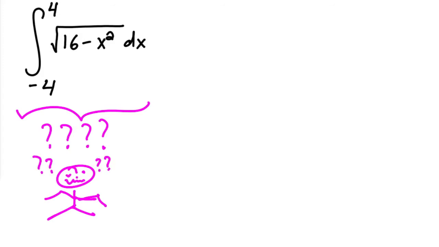Well, you might not recognize it quite yet, but let me rewrite this and see if you recognize it after a little bit. Let's say I write this function as y equals the square root of 16 minus x squared, and let's say you square both sides. Then you have y squared equals 16 minus x squared.